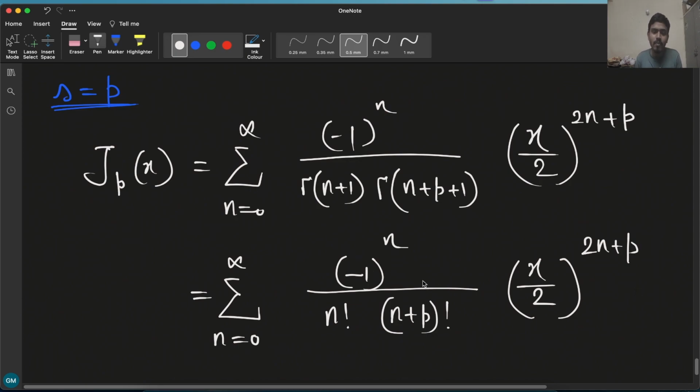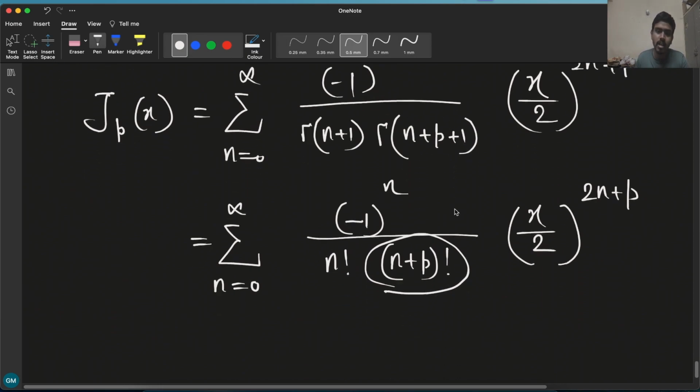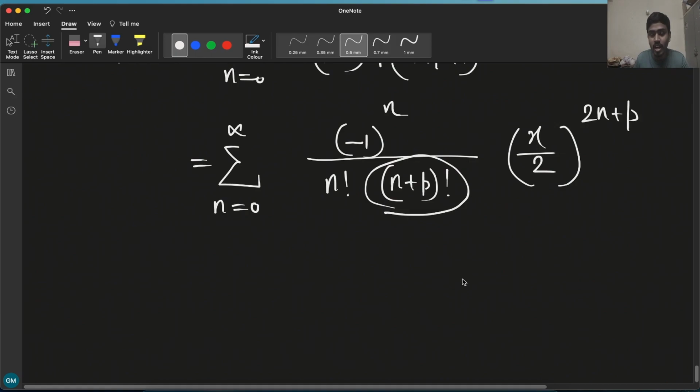But the problem with writing in terms of factorials is that the factorial notation is generally reserved for integer values, like positive integers and 0.